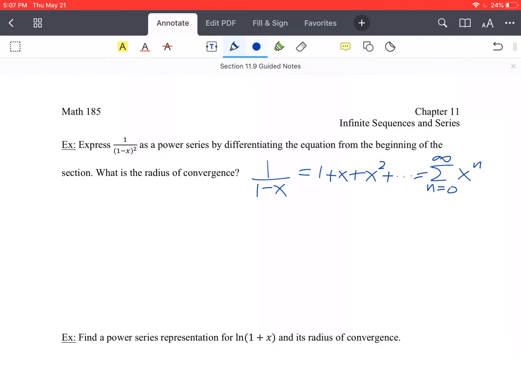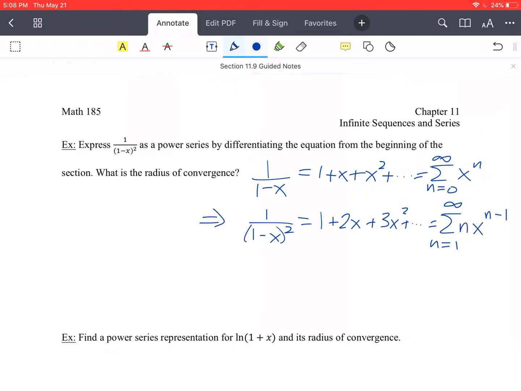Okay. So if we just differentiate both sides of this, the derivative of 1 over 1 minus x is 1 over (1 minus x) quantity squared. Differentiate each of these terms individually. So you get 0 plus 1 plus 2x plus 3x squared plus etc. And then differentiating the sum, we go n from 1 to infinity of n times x to the n minus 1.